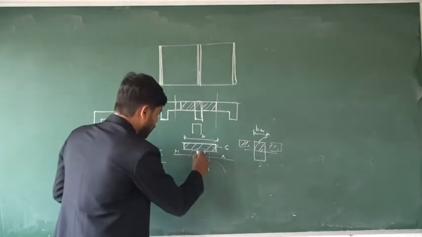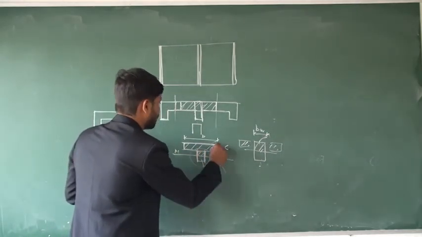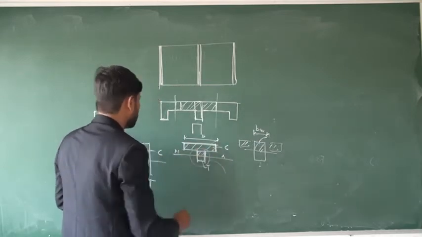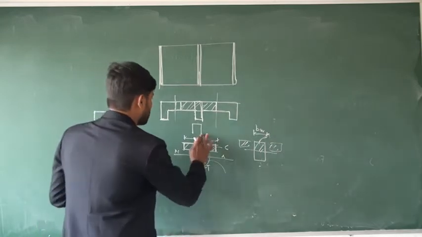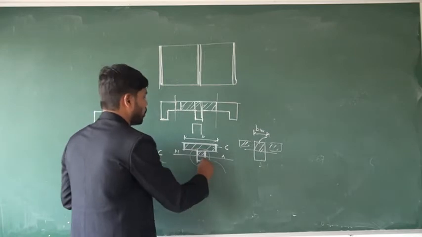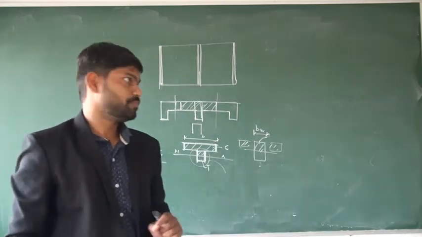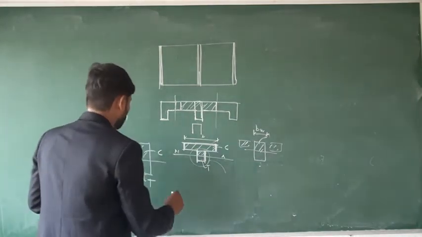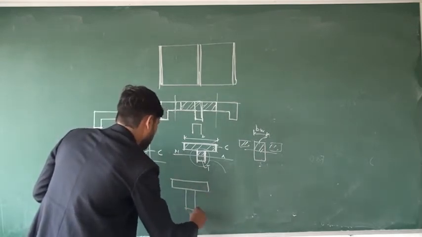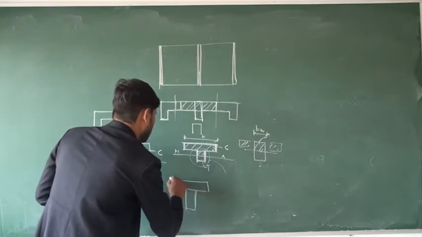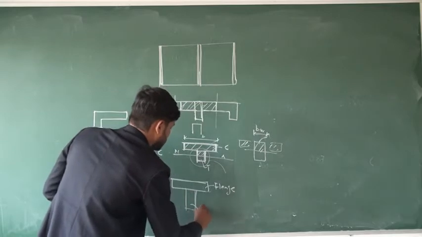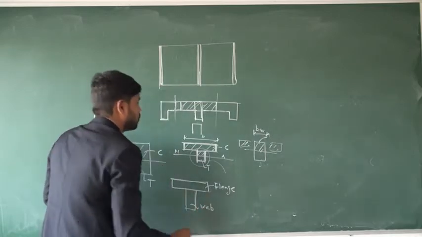Now see, when we consider this slab portion as a part of the beam, this will look like a T-beam. The components of this T-beam: this top portion is called the flange, and this is called the web.